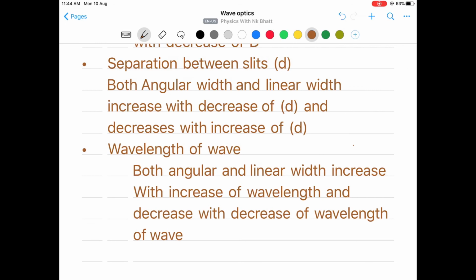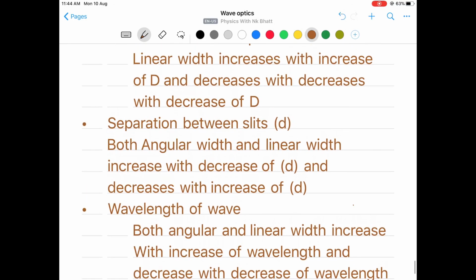If we are having the increased value of wavelength, then both angular and linear width would increase. The example we can consider here is, if somebody is using red color of light, then the width would be maximum, and if somebody is using the violet color of light, then angular and linear width of the fringes would be minimum.